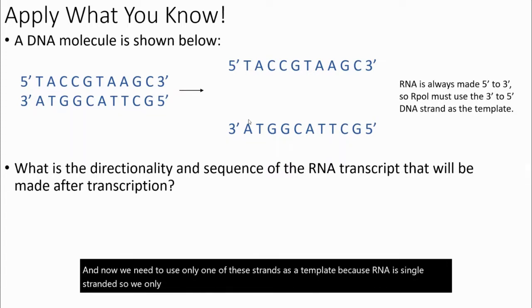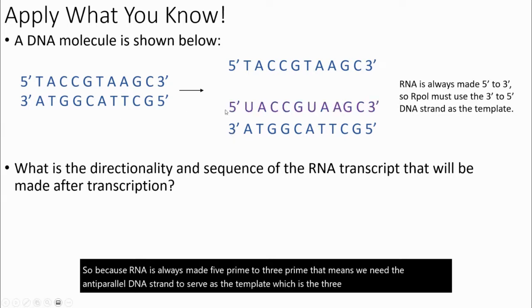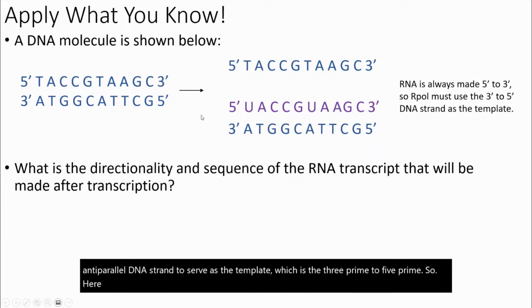So we only need to make one strand of RNA nucleotides. Because RNA is always made 5' to 3', that means we need the anti-parallel DNA strand to serve as the template, which is the 3' to 5'. So here is the RNA molecule that's going to be made.